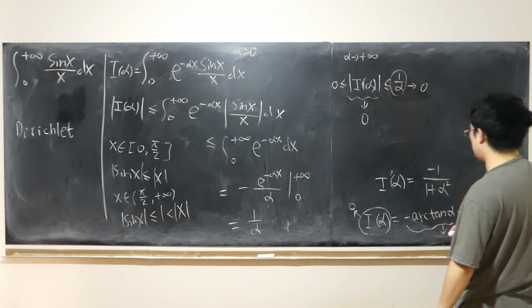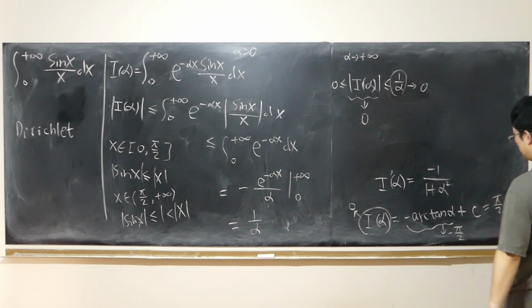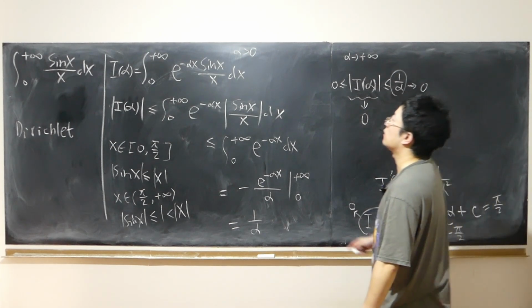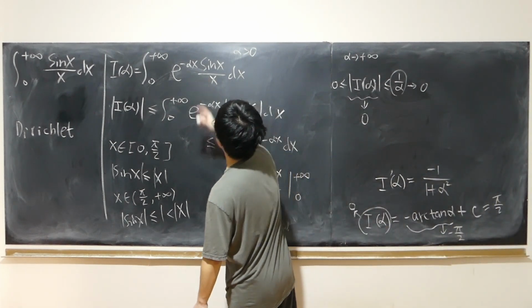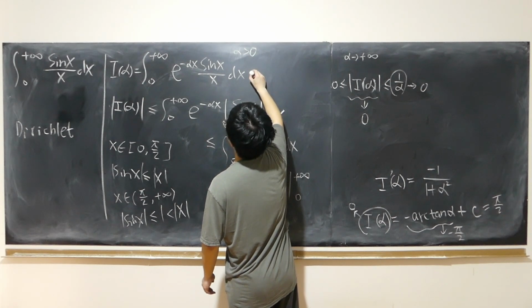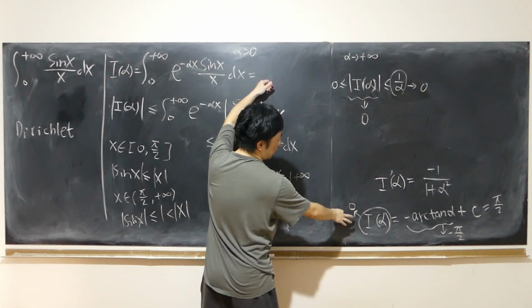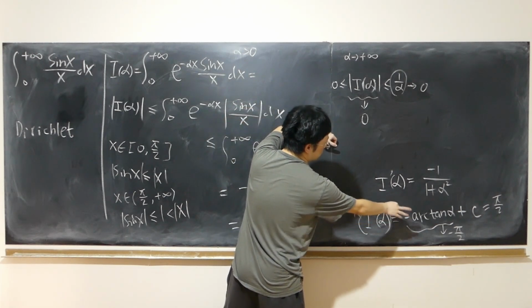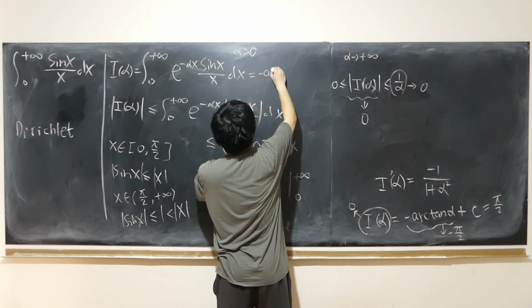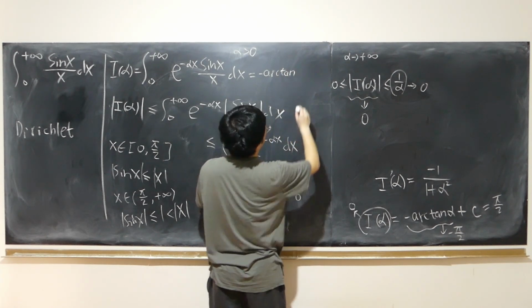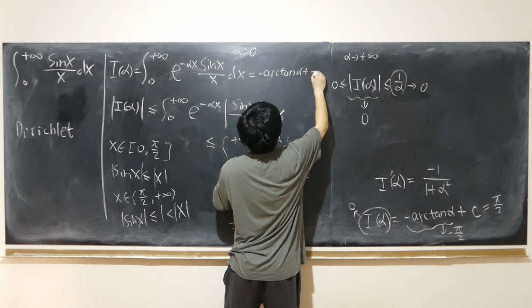Which means I of alpha is equal to negative arctangent alpha plus half pi. So I'm just copying down this result: I of alpha equals negative arctangent alpha plus half pi.